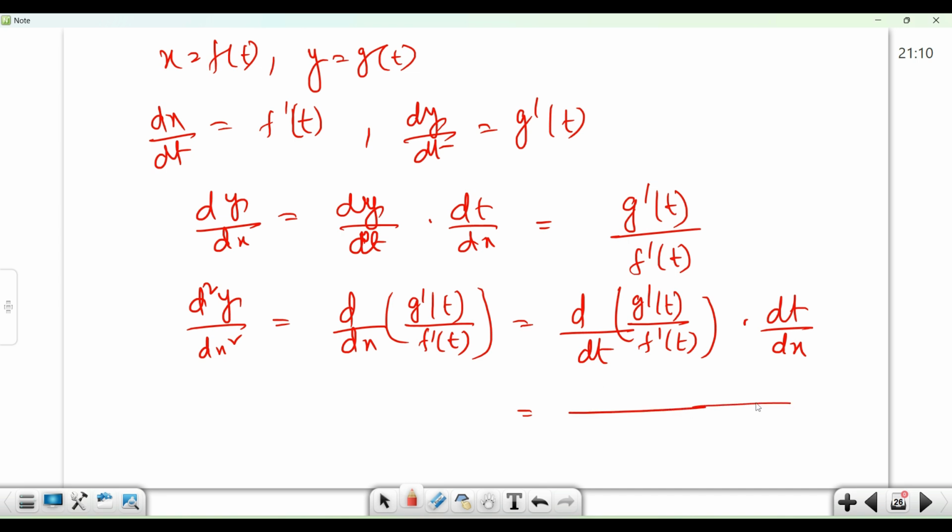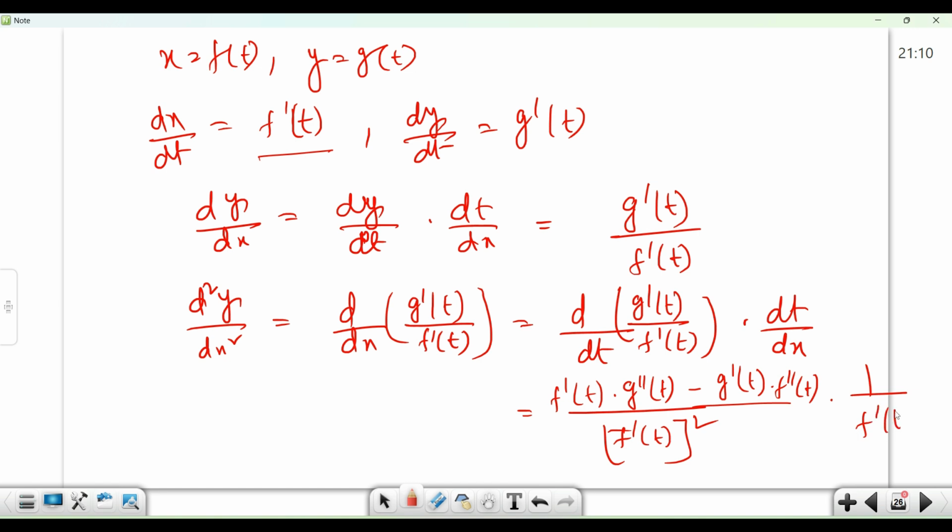So this is f dash t whole square, f dash t into g double dash t minus g dash t into f double dash t, into dt by dx, that is 1 by f dash t.